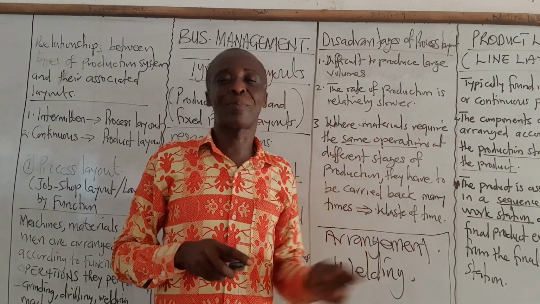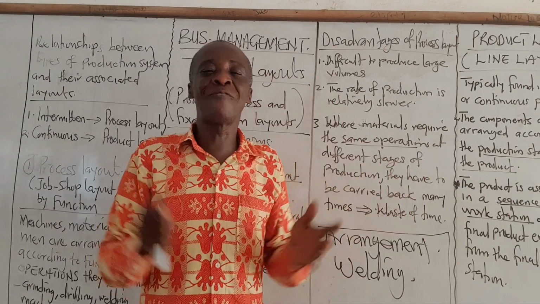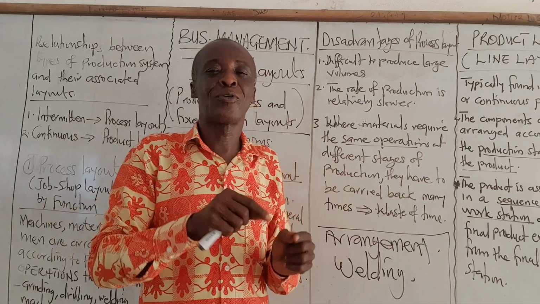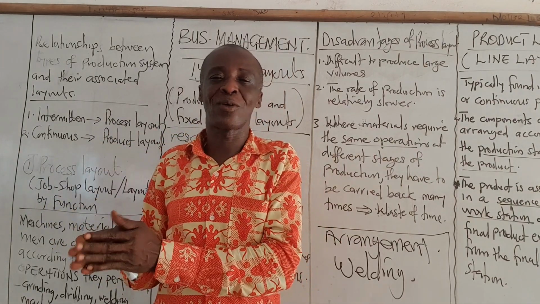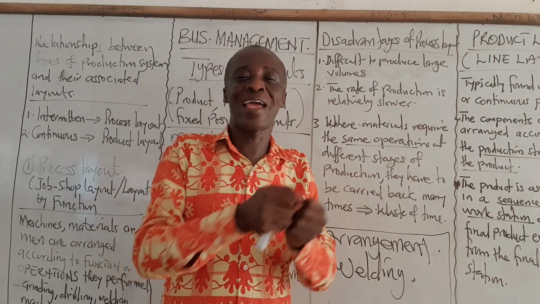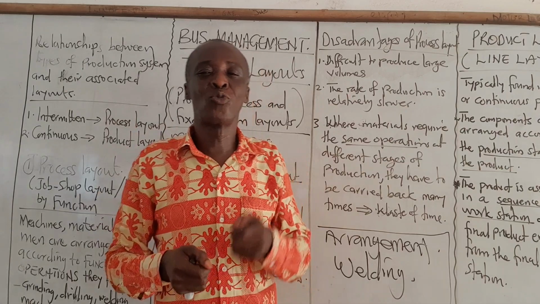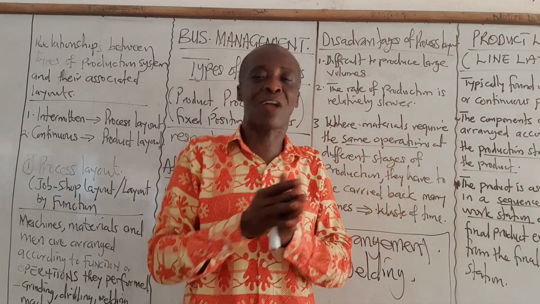Then we have also talked about grinding. The grinding machine will be there. So every machine that is related to the production of that particular product will be arranged in that order. And then the men will carry the part that has already been worked on from one room to another where you have a machine that is appropriate for that particular function.